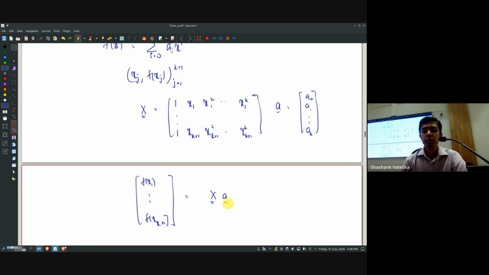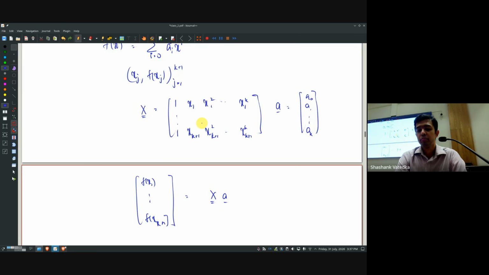And you can find a as long as the matrix X is invertible. This particular matrix, if you've seen it in linear algebra, is called a Vandermonde matrix. The first column is all ones, it's vector x to the power 0, then vector x to the power 1, vector x to the power 2, and so on. As long as x1 up to x_{k+1} are all distinct, this is going to be invertible.